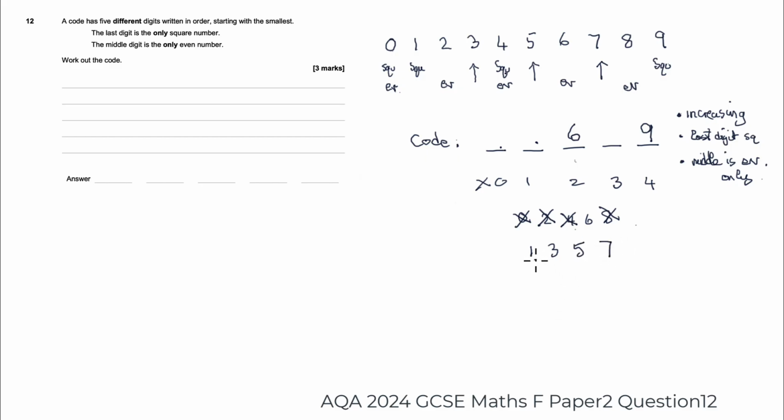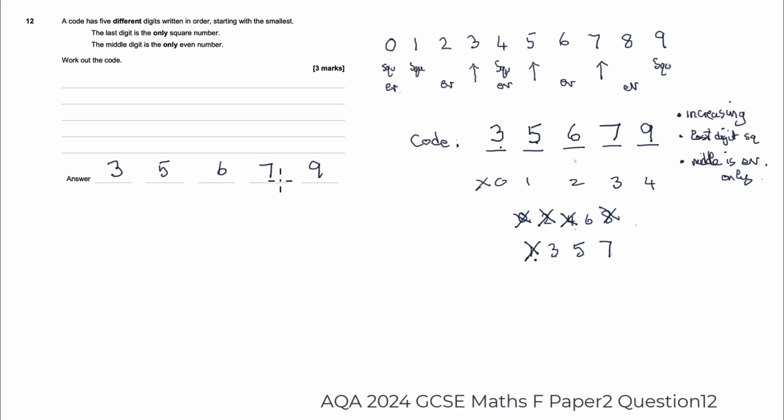We certainly can't use 1 because that's a square number. We're only allowed the 9 as a square number. Doesn't leave us much choice. There's only 3, 5 and 7 left. So there's our code. 3, 5, 6, 7, 9.